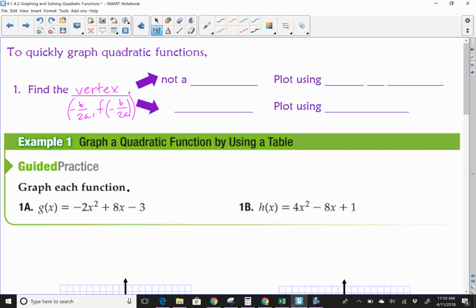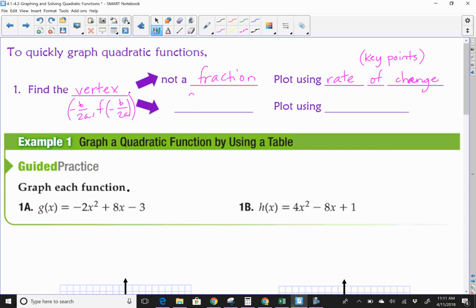Now, when you find that, if that point is not a fraction, the most efficient way of graphing is to plot using a rate of change. Those key points that I just talked about earlier.